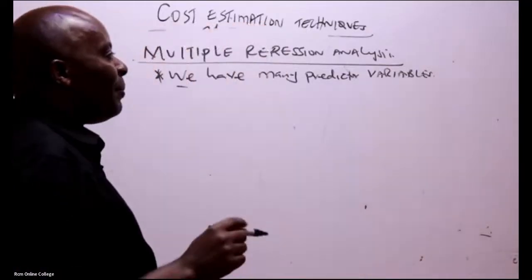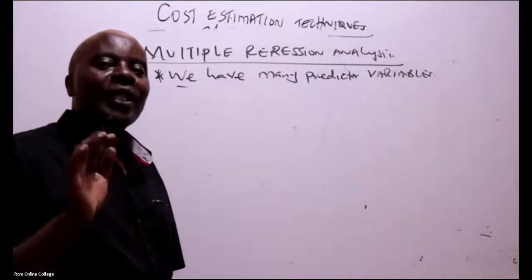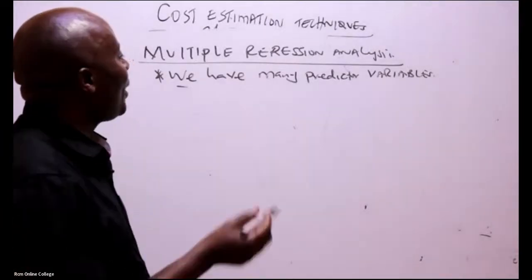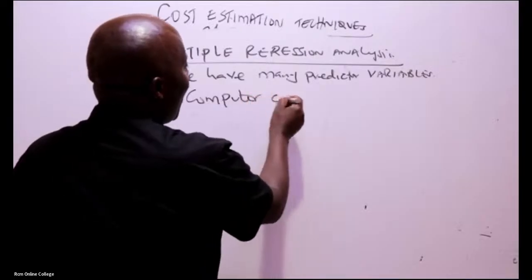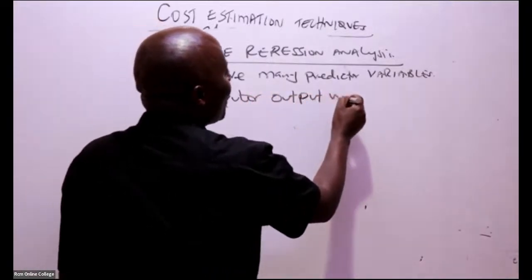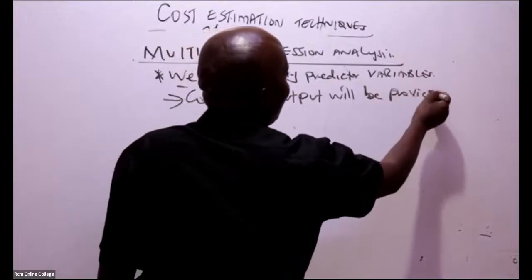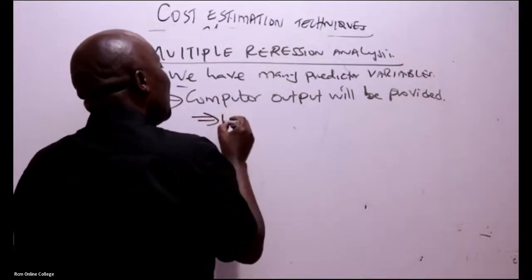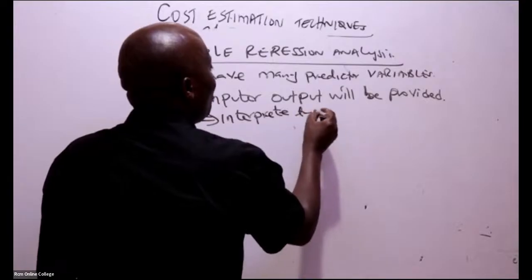We'll be given many predictor variables. So when you are given many predictor variables, the examiner will not examine you in terms of getting the values of B and A using formula. He will give you a computer output, and then our work will be to interpret the output.